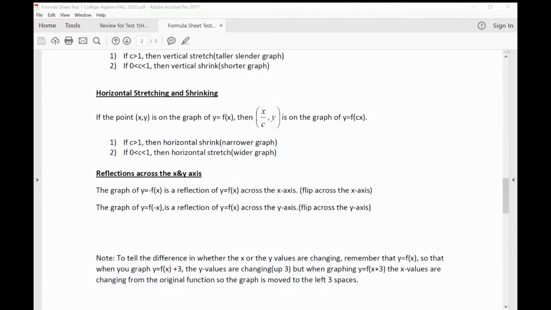We want to figure out what point is going to be on y equals f of 3x, and what point is going to be on y equals f of 1/3 x. It says the point (x divided by c, y) is on y equals f of cx.